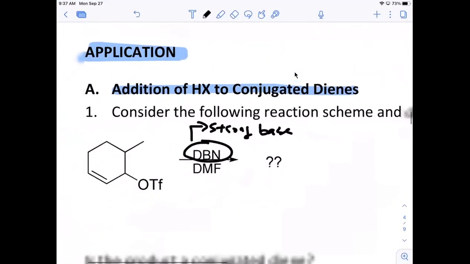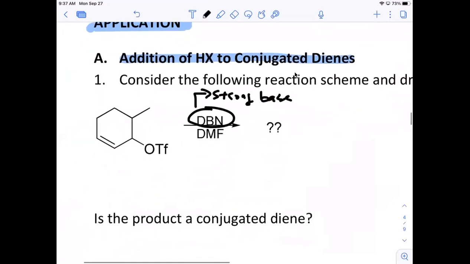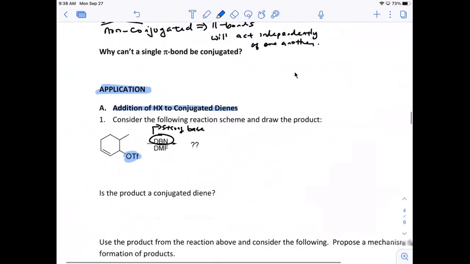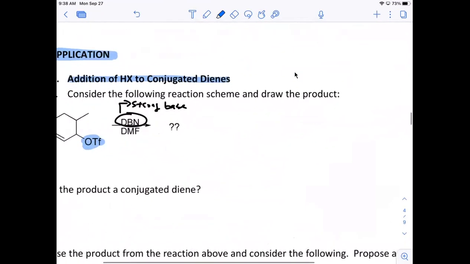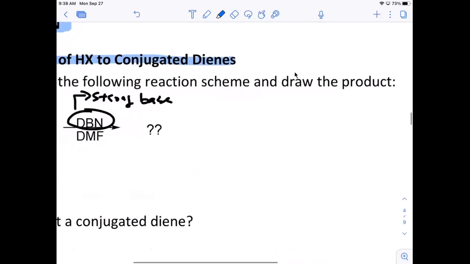So if I have a strong base, and then I have a good leaving group, and a tertiary substrate, what's going to happen here? We did talk about that leaving group, that triflate leaving group. An E2 reaction. E2 elimination.